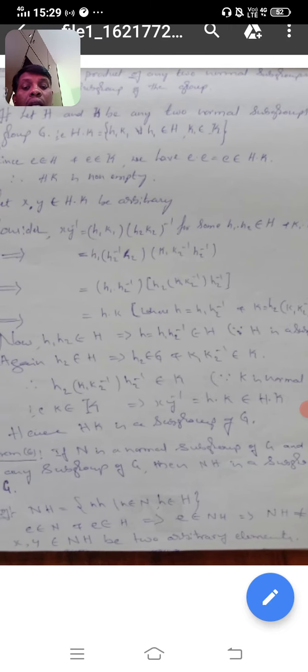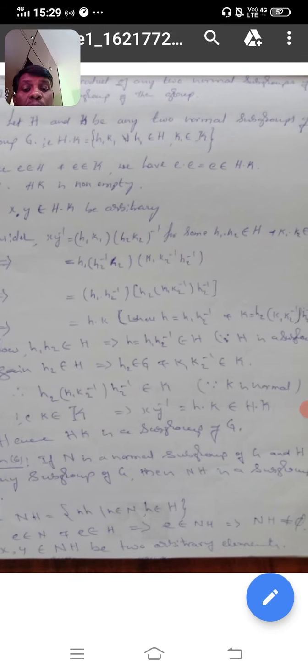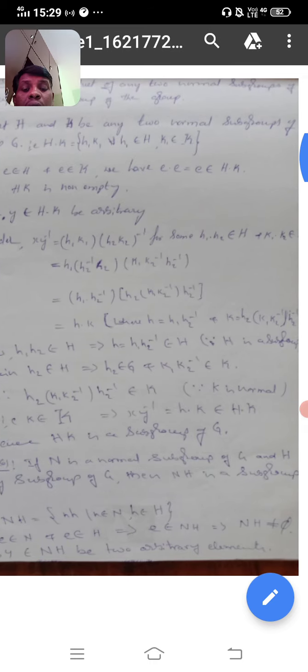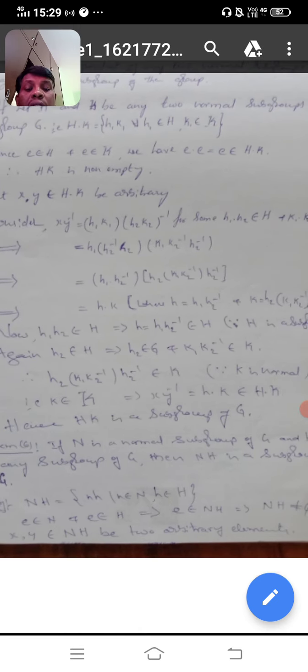That is, an element k belongs to normal subgroup K. It implies x into y inverse is equal to h into k, which belongs to HK. Hence, HK is a subgroup of G. Okay, this is the proof of the above theorem.